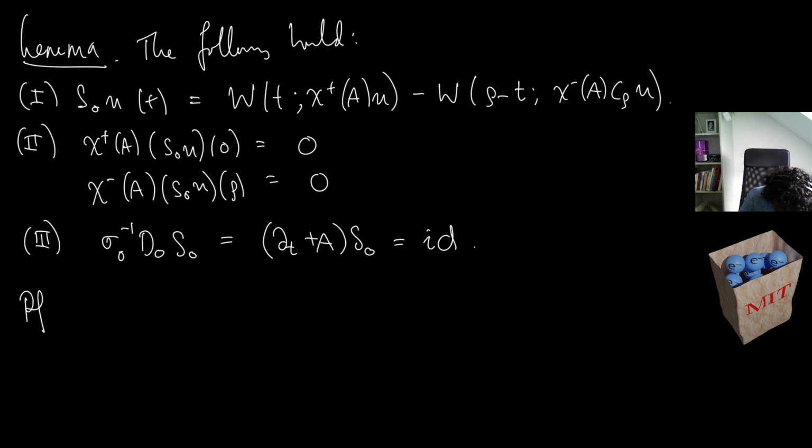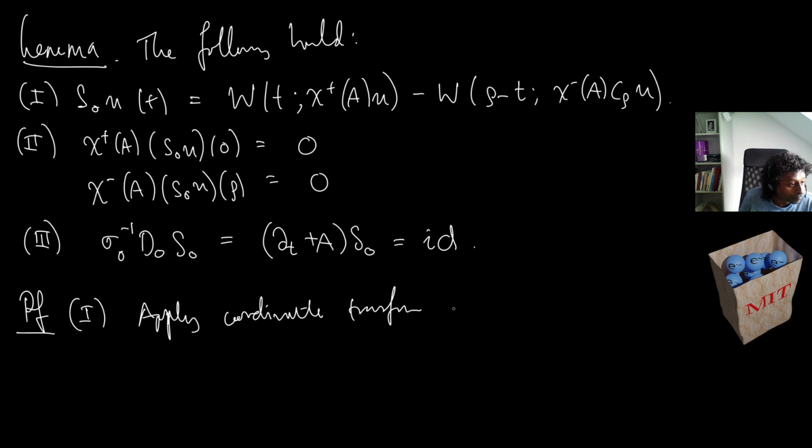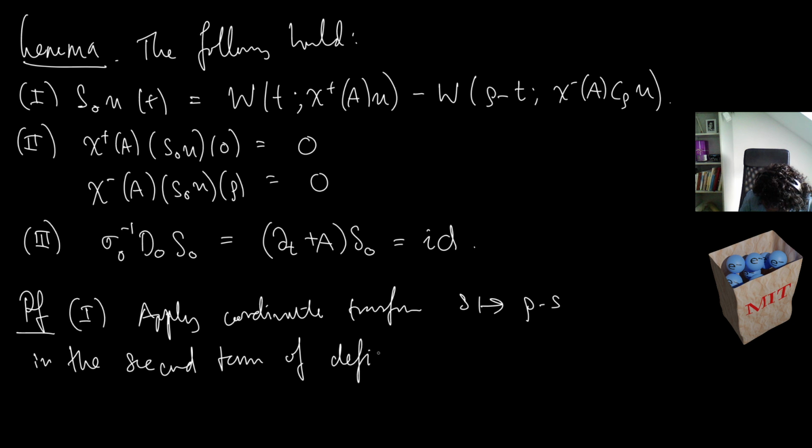So what is the proof here? For 1, apply the coordinate transform s maps to rho minus s in the second term of the definition, and 1 pops out.